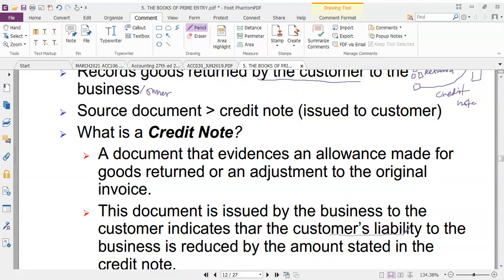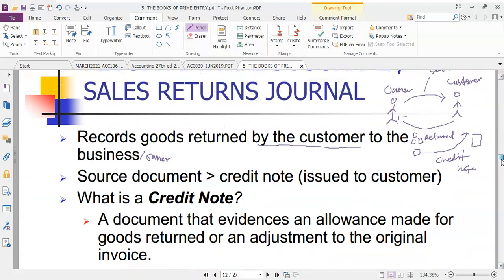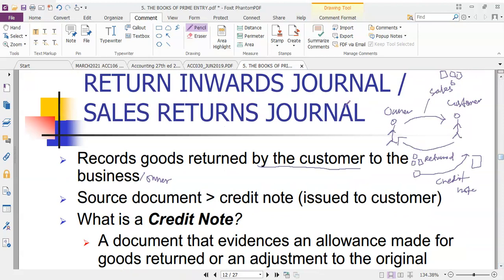So maknanya hutang customer sudah berkurang disebabkan dia ada pulang barang. Kebiasaannya sales return ni hanya akan berlaku bila mana customer ni beli barang pada owner ataupun owner ni sold good to the customer on credit.